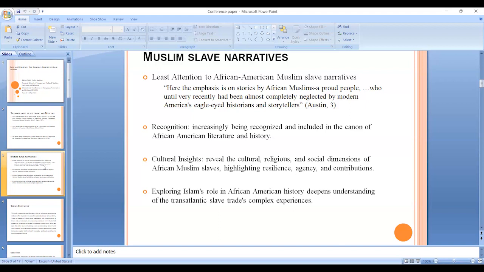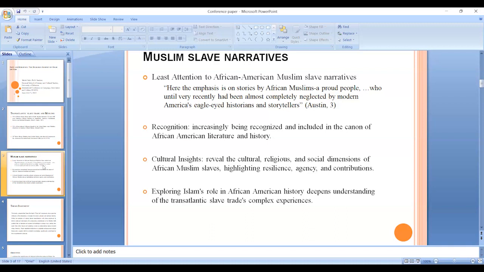And talking about the significance of Muslim slave narratives, these are nowadays being incorporated in American studies and are being recognized and included in the canon of African American literature and history.